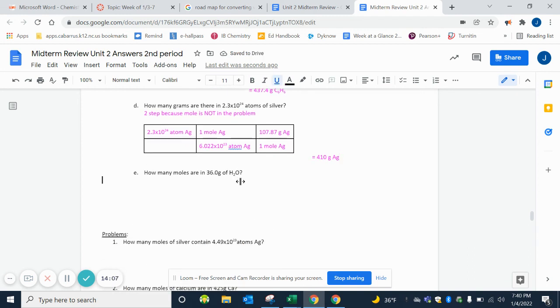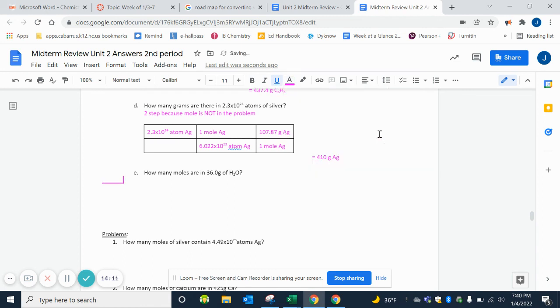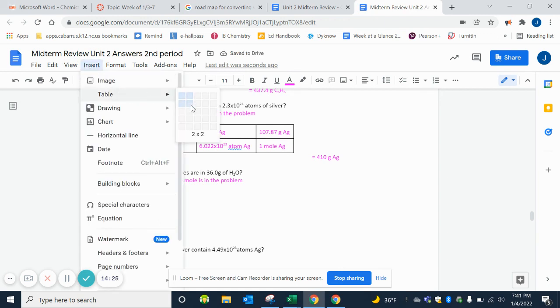All right, and then our last problem we're doing together. If you look, there is mole in the problem, which means it is a 1-step. So we're going to insert our 1-step table.